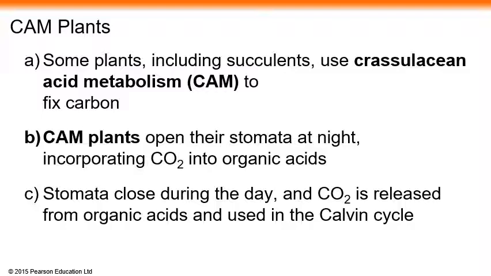That's why they wait until nighttime to open stomata. Then CO2 comes in. That CO2, using the PEP carboxylase enzyme, gets fixed into C4 and stored in the plant vacuole, and waits until daytime comes.